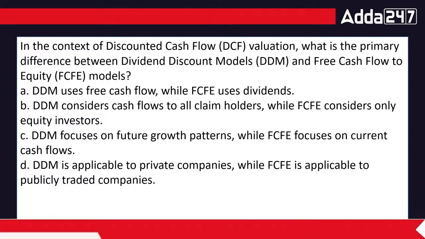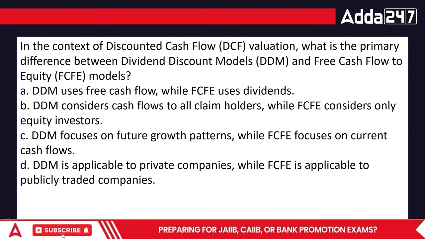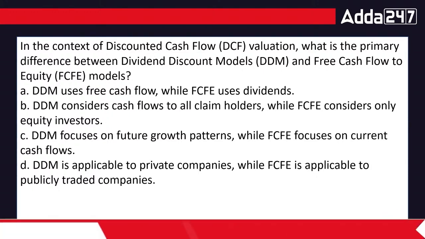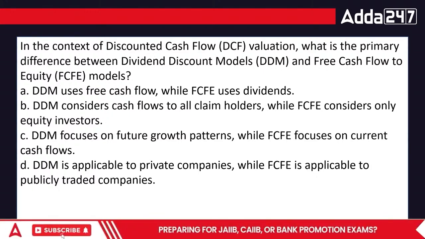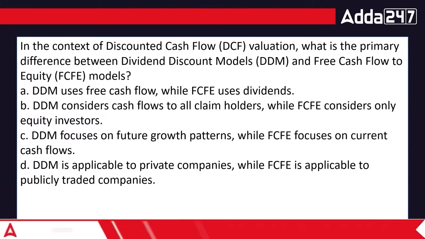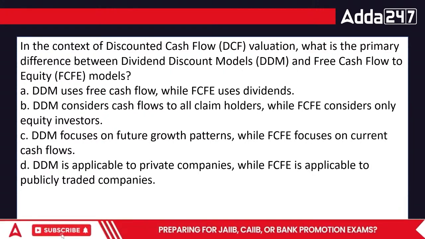Okay, let's go. In the context of DCF, everyone, this is related to discounted cash flow valuation. What is the primary difference between DDM and FCFE models? Dividend discount models and FCFE. The dividend discount model uses the dividend, and FCFE talks about the entire funds that you are receiving, right?